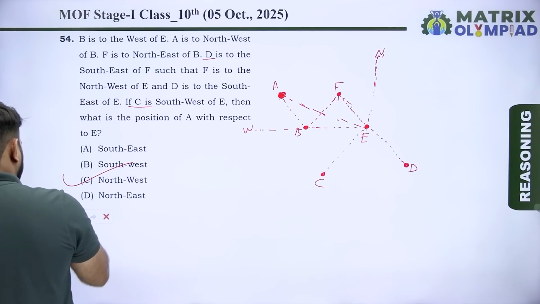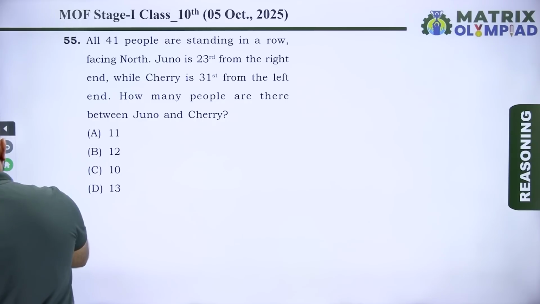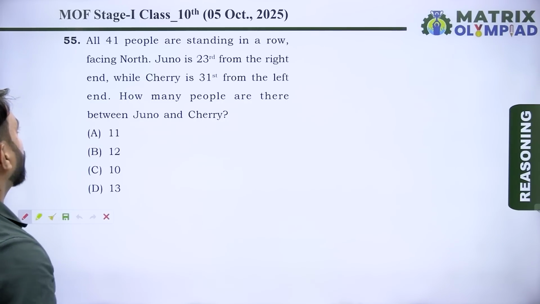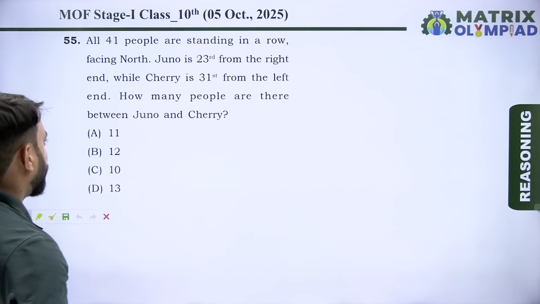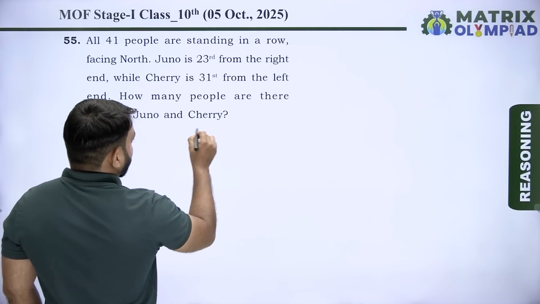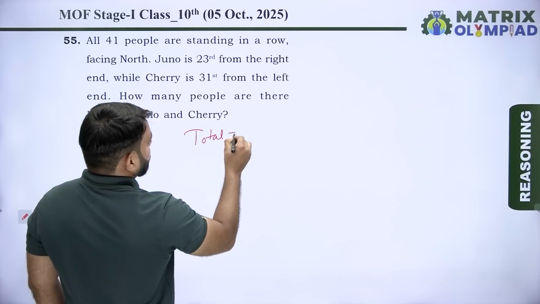Let's move on to the next question. So now the next question is question number 55. All 41 people are standing in a row facing north. Juno is 23rd from the right end while Cherry is 31st from the left end. How many people are there between Juno and Cherry? Total is equal to 41.